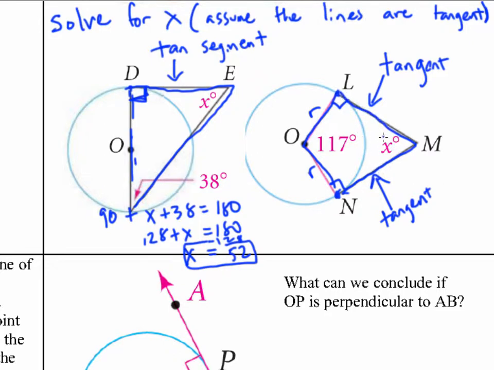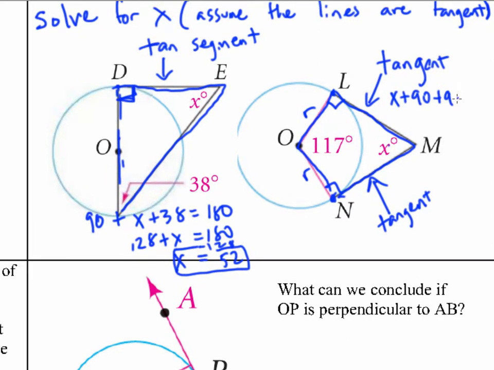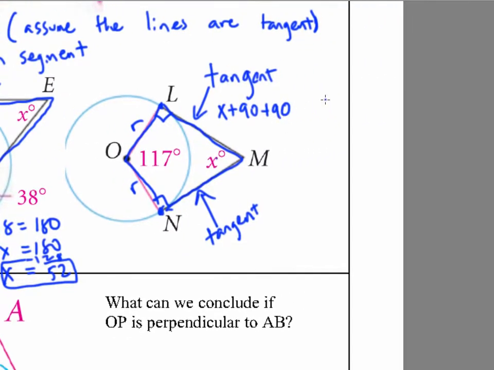So to solve for x, I can say this plus this plus this plus this equals, remember a quadrilateral is like 2 different triangles inside, so 360. So I could say x plus 90 plus 90 plus 117 equals 180 degrees.